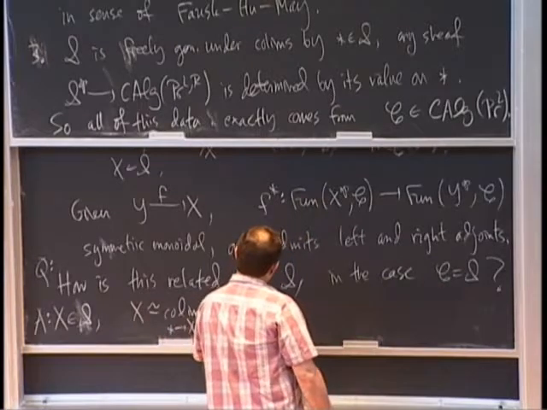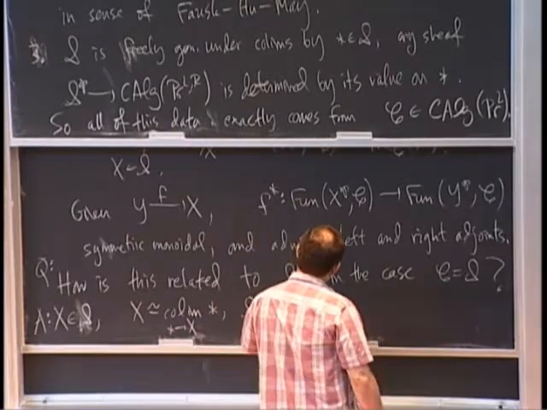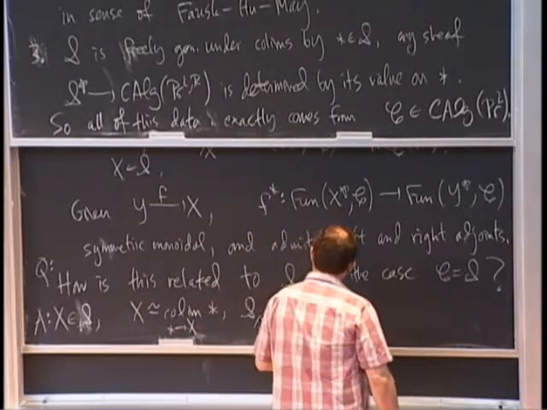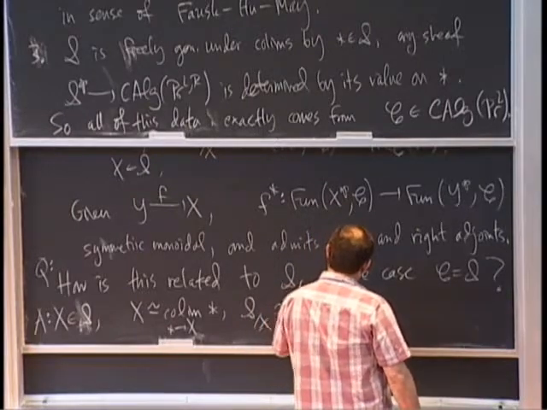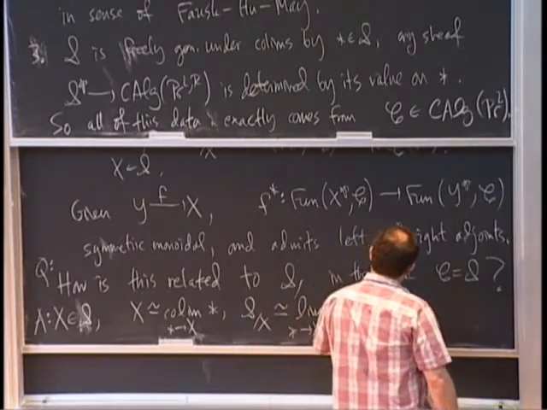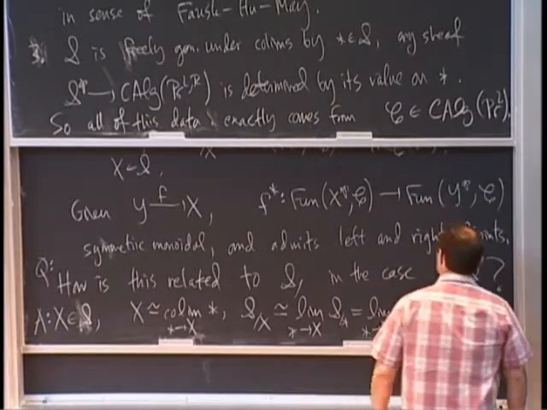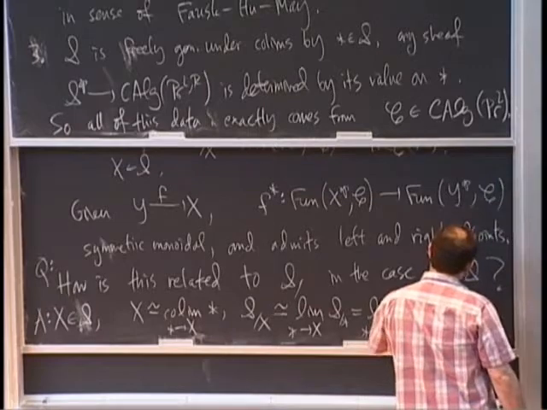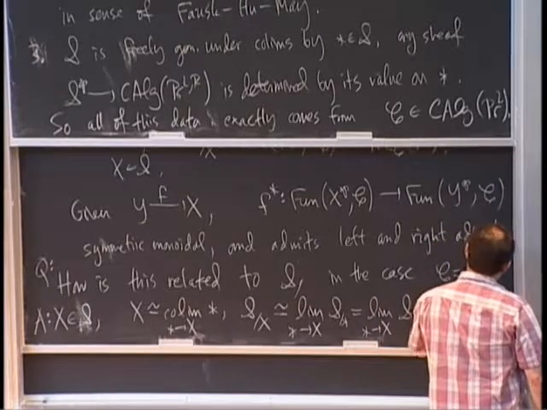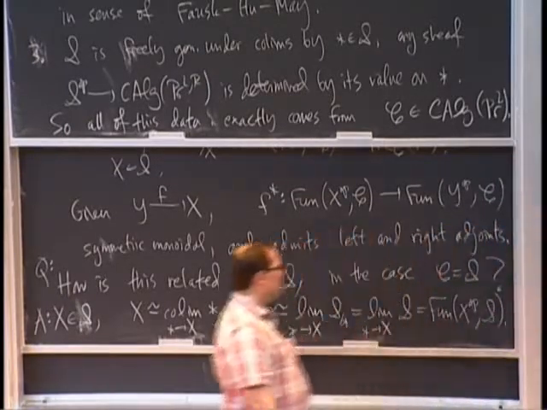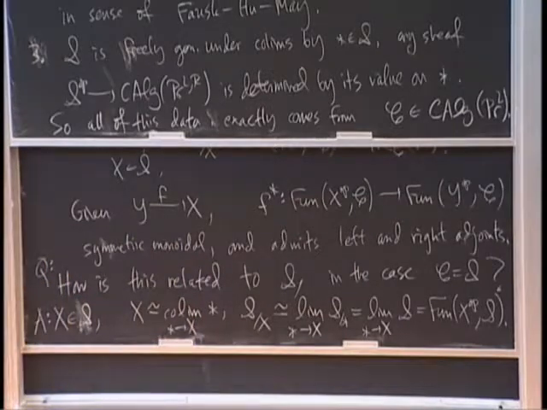So by descent, we have that S over X is equivalent to the limit from point into X of S over point, which is the limit over point into X of S, which, if you think about it, is the same as functors from X^op into S. So it's the same thing.